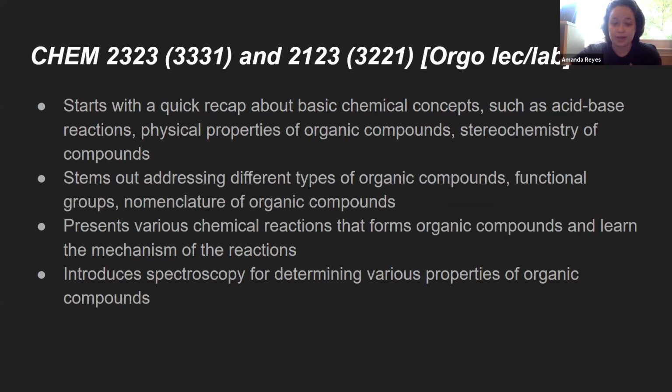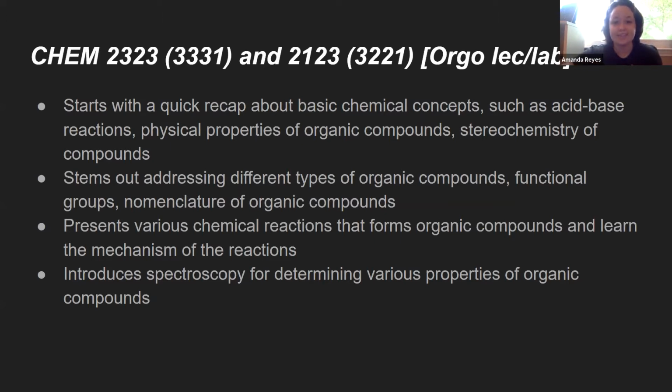You do learn how to give a mechanism of a reaction, which is basically you learn how to identify exactly what the electrons are doing in a chemical reaction. And lastly, you do talk about spectroscopy, which determines different properties of organic compounds.